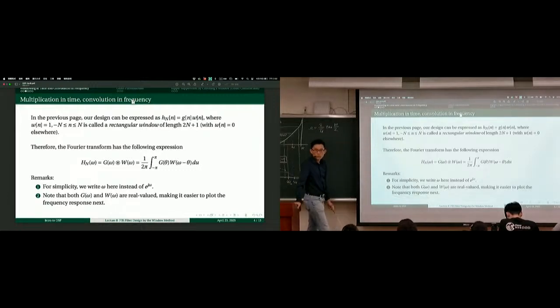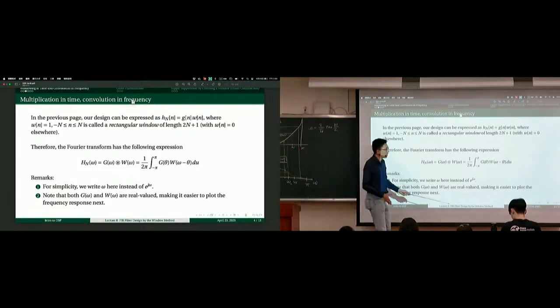In the next slide we'll visualize what's going on right here when we convolve two things in the frequency domain. But first, I want you to notice that both G and W are real valued. Do you know why? Why are they real valued?